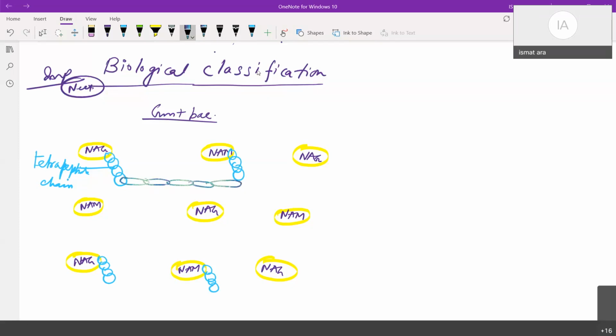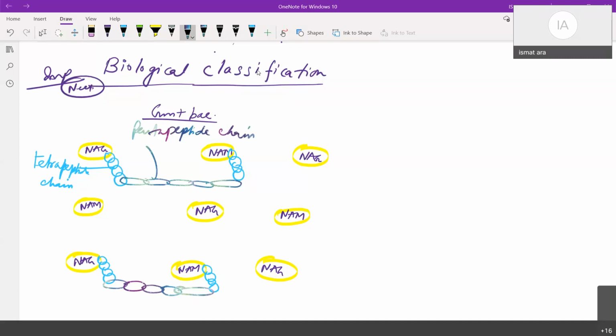They are linked with a pentapeptide chain. So this is pentapeptide chain. Same here also. 1, 2, 3, 4, and 5. Okay, they are not directly linked.